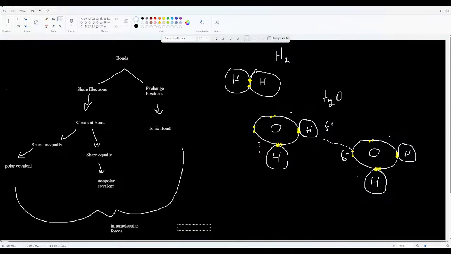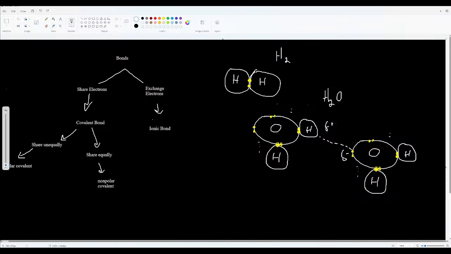Intra meaning within, inter meaning between. Right? So ionic bonds and covalent bonds, those are intramolecular forces. So intra has to do with the bonds within a molecule, right? So these polar covalent bonds, that's within the molecule, right? So good. Inter is between other molecules.